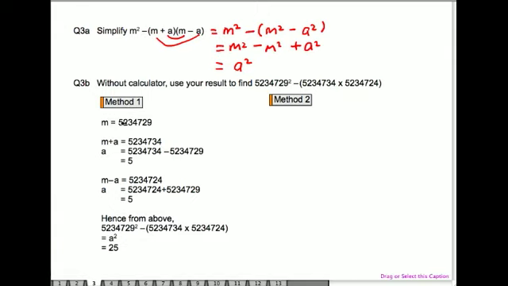Thus, if m is the first value, then m plus a will mean that this number minus m will give us the value of a. Similarly, m minus a gives you the second number, and a can be found to be the same. Therefore, we can conclude that the numerical expression will give us the same result, a squared, which gives us 25.